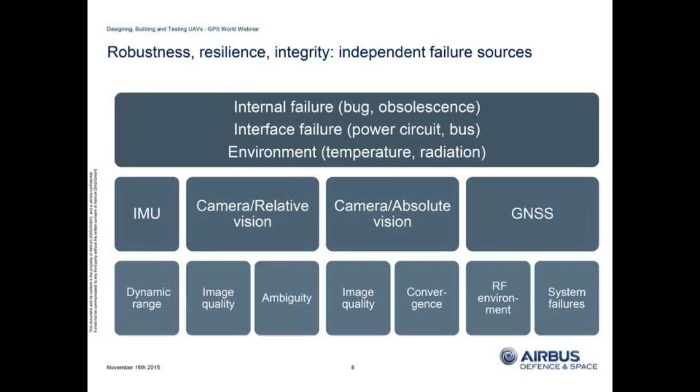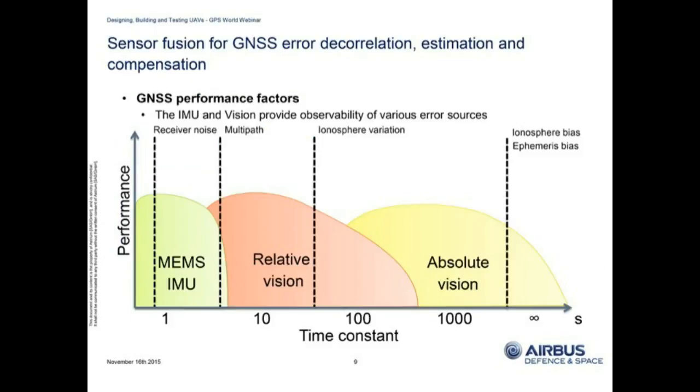When you make a global hybridization of GNSS and vision-based navigation, you can improve the global performance because, for example, with an IMU, you can sense the short-term noise of GNSS. With relative vision, you can sense noise that is a bit more correlated in time, like multipath or ionosphere variation.